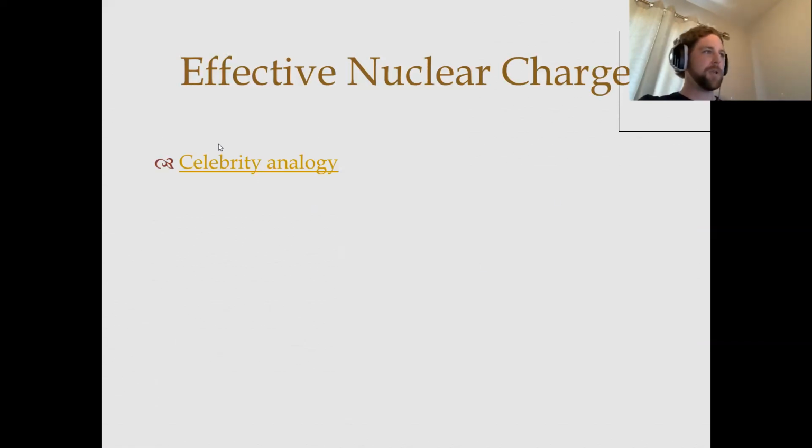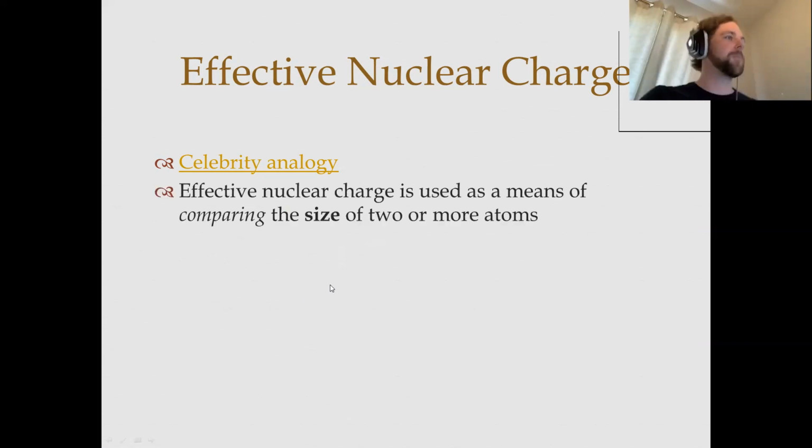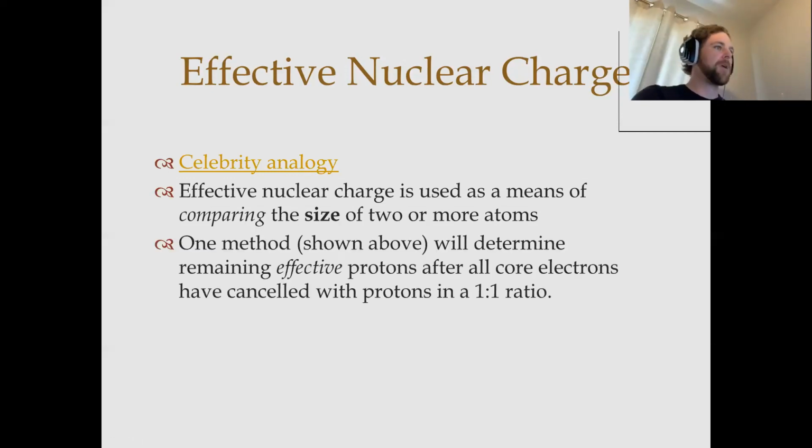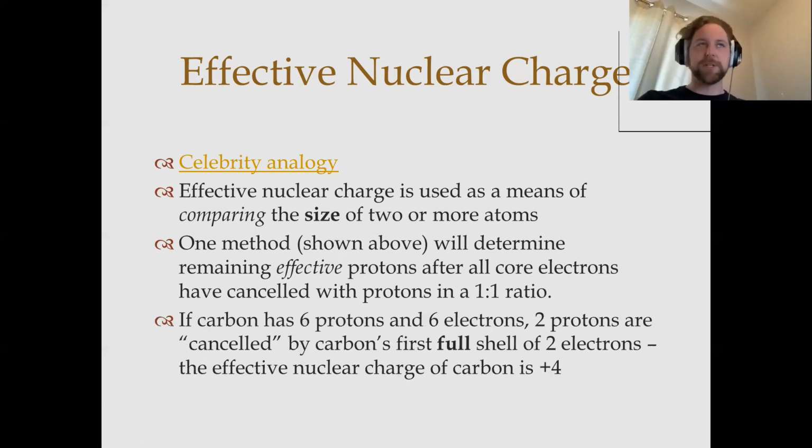There's a cool analogy for this one that I found online, so you can pull up the PowerPoint and look at this video as well. But in interest of time, I'll just go ahead. There's this little bit about effective nuclear charge as far as calculating an exact number. I didn't do that a whole lot in the class because you can effectively get the same result by just looking at the total number of protons instead of subtracting off inner core electrons, which is mentioned right here.